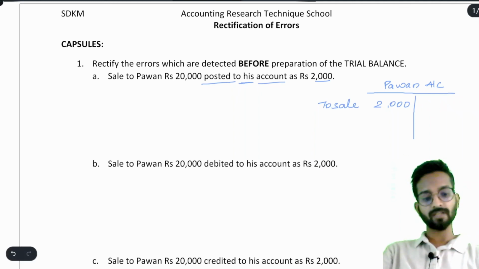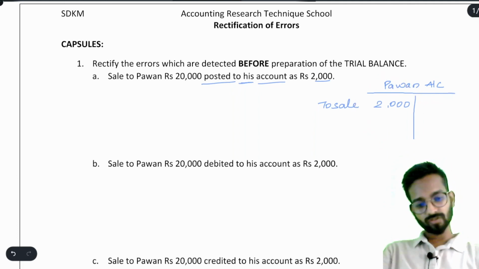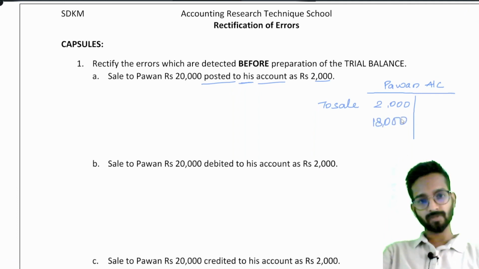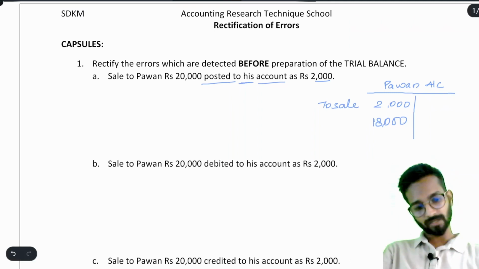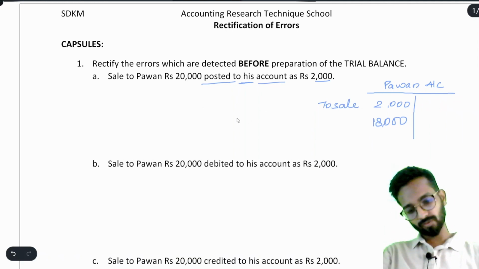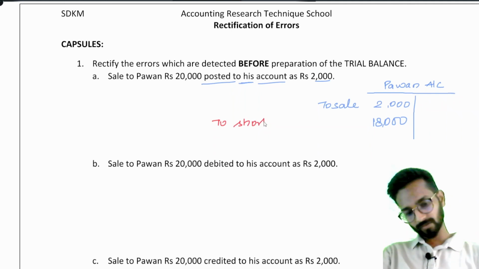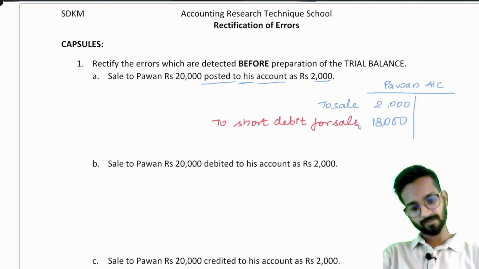Now how will you rectify this? See, you know that in Pawan's account there should be 20,000, but it is only 2,000. So you will say, sir, write an amount of 18,000. It will make it 20,000. The question is, what are we supposed to write here? See, you will write here to short debit for sales.